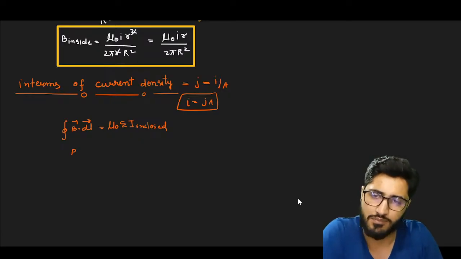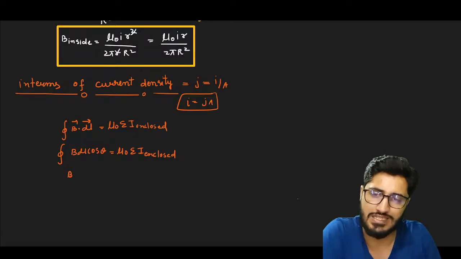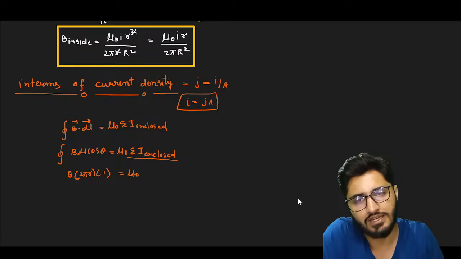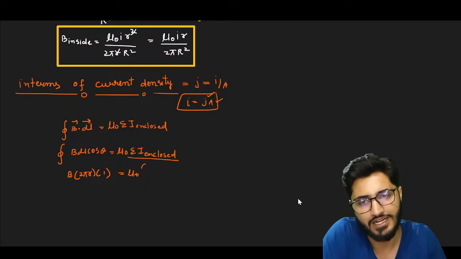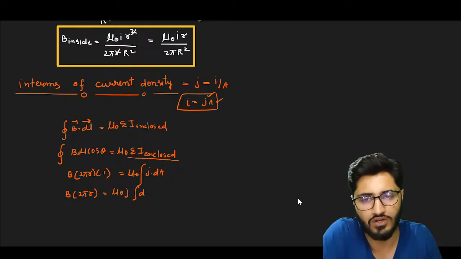So now you can write B dl cos theta integration, then it is mu naught of summation of I enclosed. I can write B, dl is 2 pi r, cos 0 is 1, mu naught summation of current. Look here, this density is the same but area changes. I can write integration of J dot dA. So B into 2 pi r, mu naught J is constant, integration of dA only.